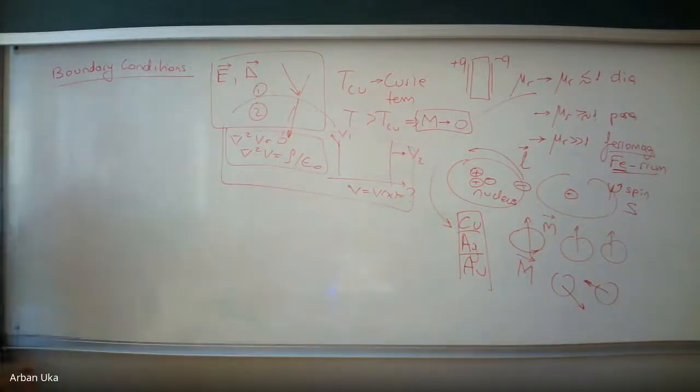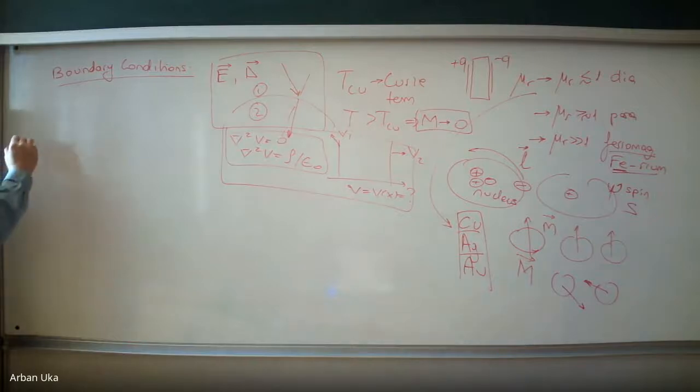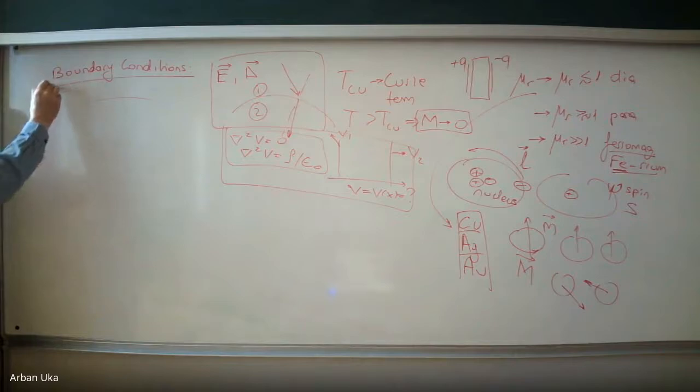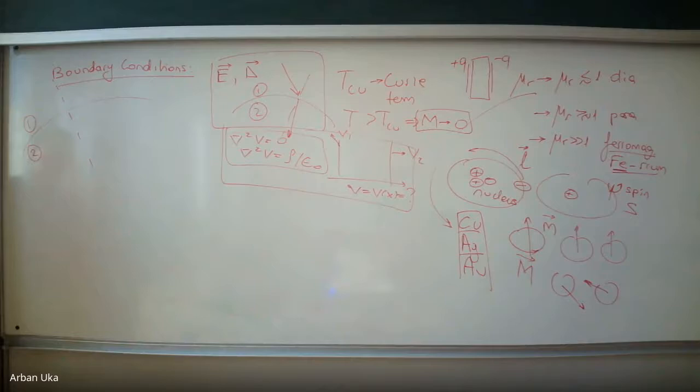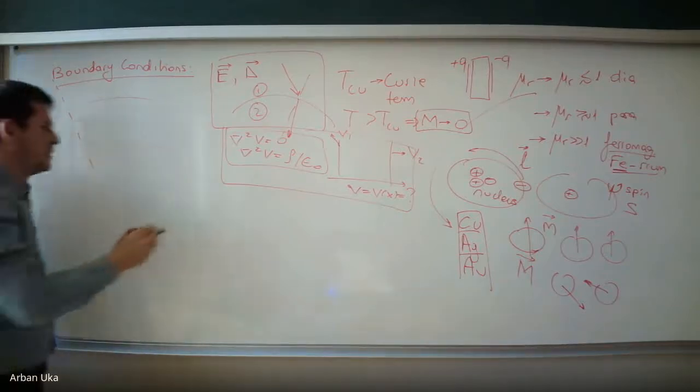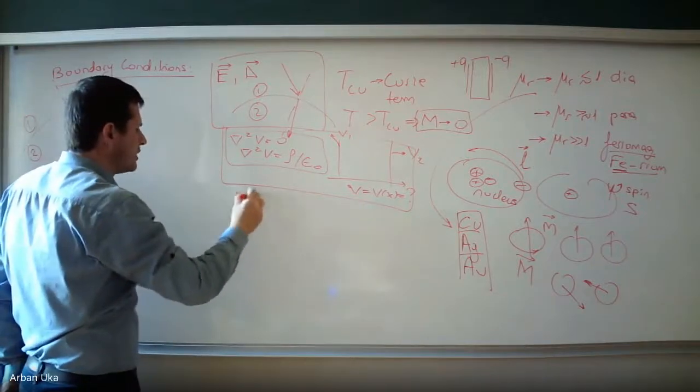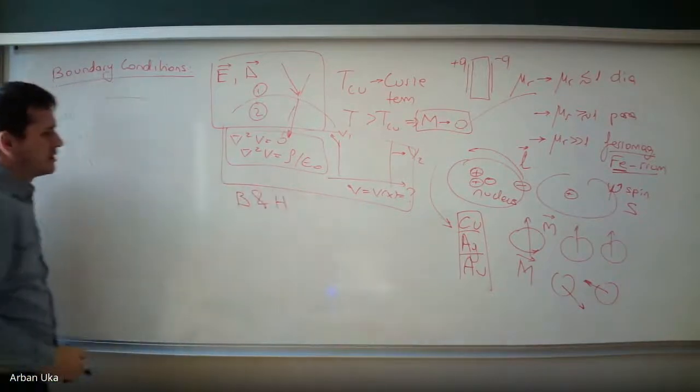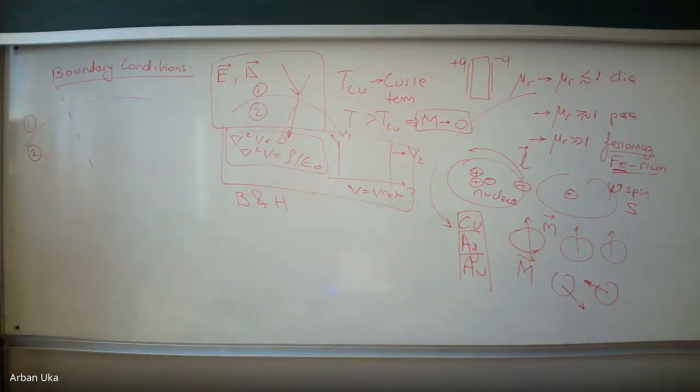Now we are seeing again the boundary conditions, and at this time we are going to have a similar discussion. We're going to have medium 1 and medium 2, and we will see how the fields in magnetostatics are related from one side of the material to the other. So we'll see which components of B and H are conserved on the two sides of the system.